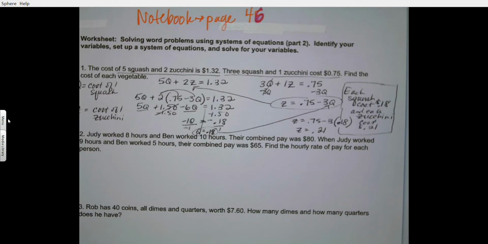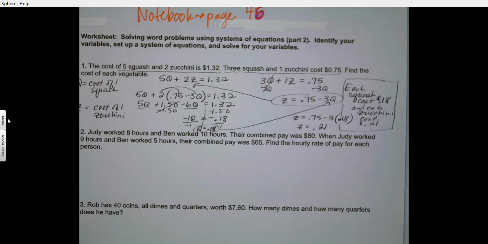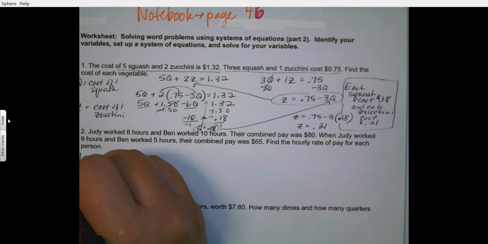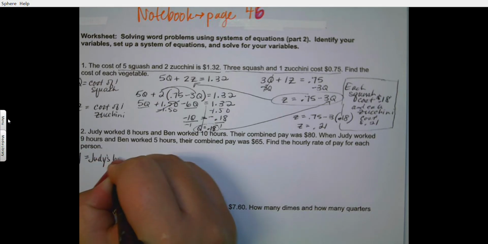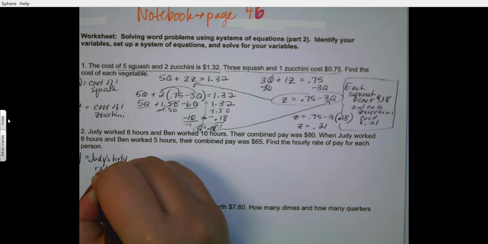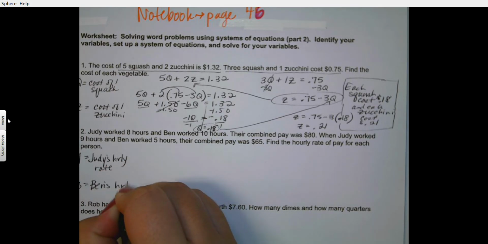Okay, next, Judy worked 8 hours and Ben worked 10 hours. Their combined pay was $80. Judy worked 9 hours, Ben worked 5 hours, and their combined pay was $65. Find the hourly rate of pay for each person. So I have J for Judy's hourly rate and I have B for Ben's hourly rate.